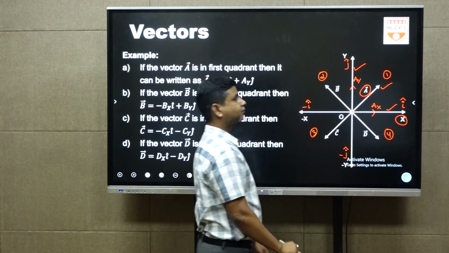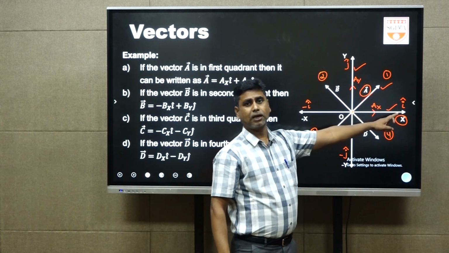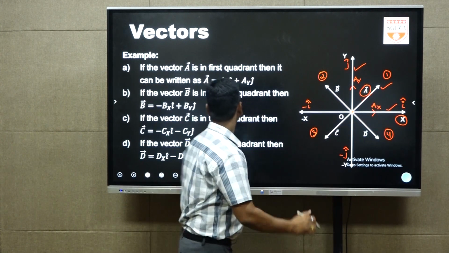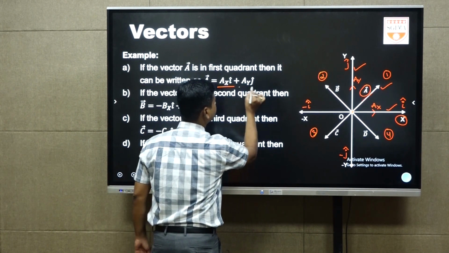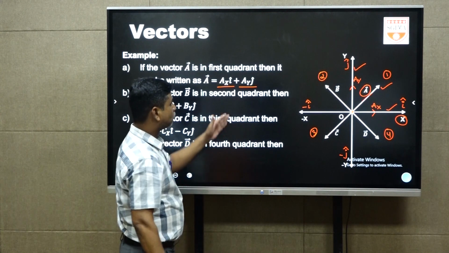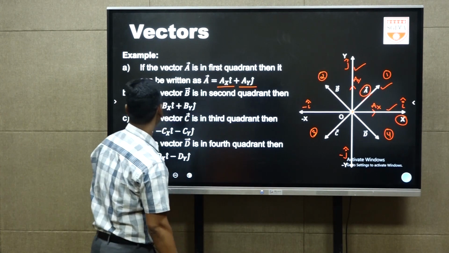Then Ax is acting in which direction? Along the positive x direction. That's why here write Ax i cap, here Ay j cap. One more component acting in the upward direction, that is Ay j cap.